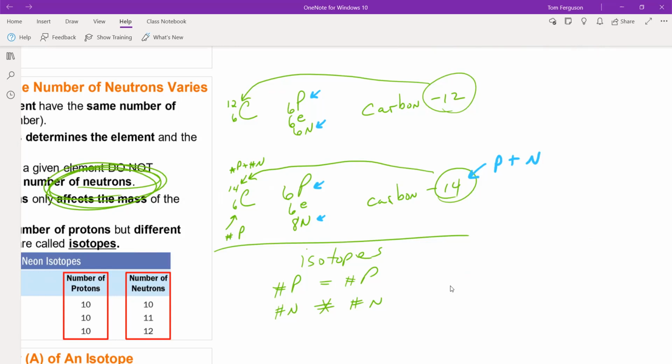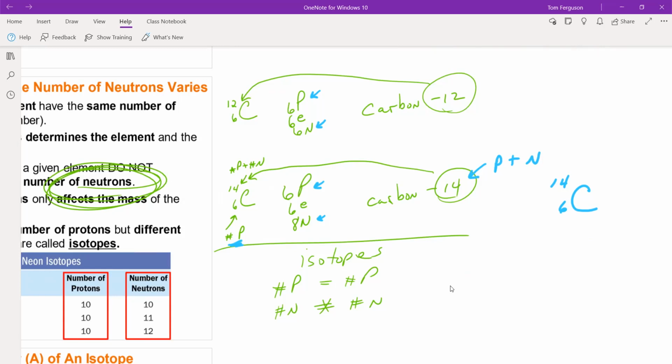Carbon-12 is the most prolific. The other way you'll see it written is with the symbol. At the top will be this number here, and the bottom will be the number of protons. So the number of protons on the bottom, P plus N on the top. You'll see it written both ways.